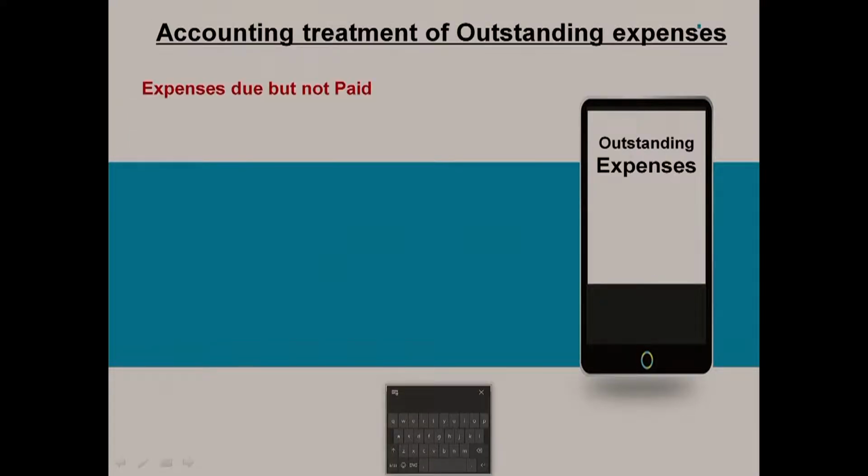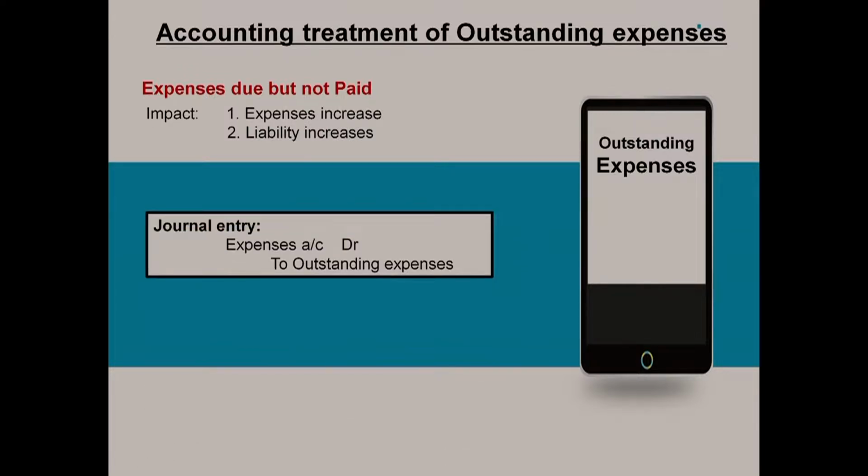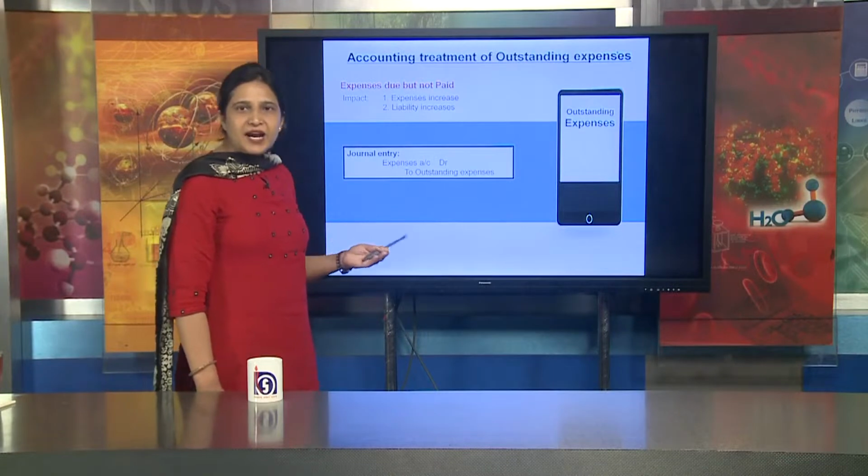Then next are the expenses that have become due but are not paid. These expenses are known as outstanding expenses. So what is the impact of these expenses? Firstly, the expenses increase and the liabilities also increase. So the journal entry will be: expenses, because they are increasing, and you remember we do the same treatment for assets and expenses.